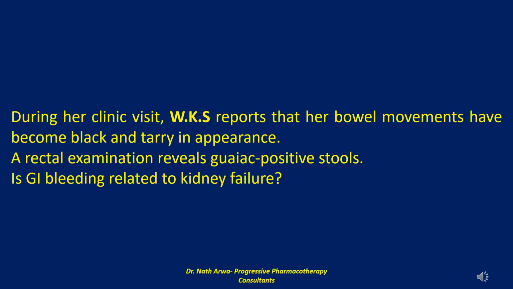Treatment of upper gastrointestinal bleeding in uremic patients usually consists of cautious use of H2 receptor antagonists, which should be given in reduced doses according to the degree of kidney function. Proton pump inhibitors are primarily eliminated by non-kidney routes and can be administered at standard doses.